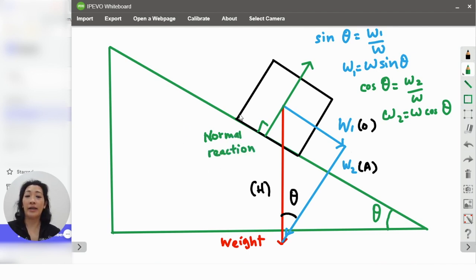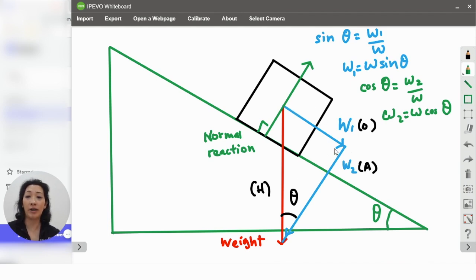The normal reaction in this case is not equal to the value of the weight because as you can see, the forces are not parallel or in the same direction. So in order to find the value of the normal reaction, we need to find the force line that is parallel to its direction. And as you can see from the triangle over here, W2 is parallel to the normal reaction.